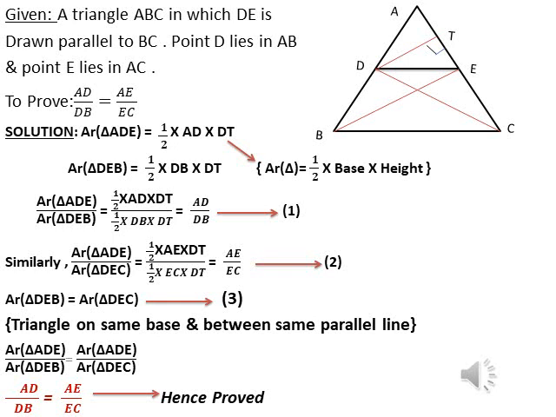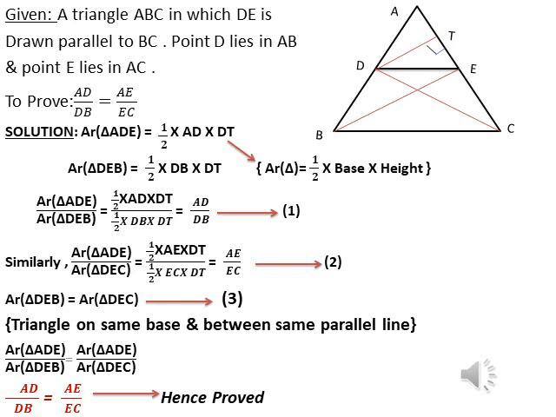Then half into, in the denominator, the base will be EC. This EC I will select into the same height DT. Now again half is a common factor. Half and half will get divided. DT divided by DT. What is left is AE upon EC. So this is our second conclusion.